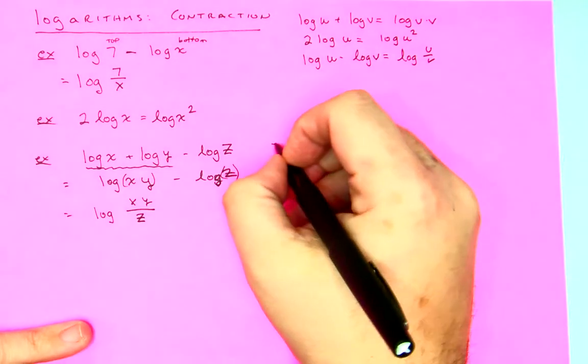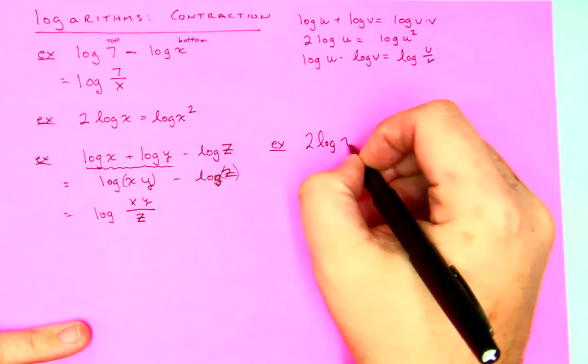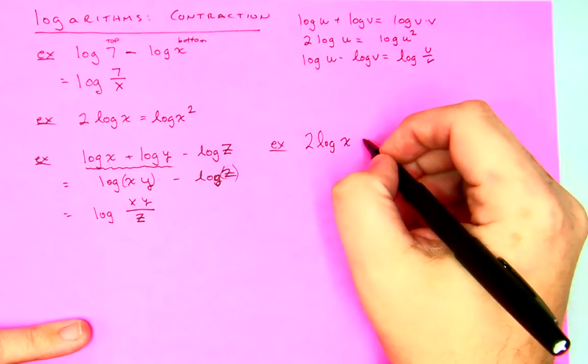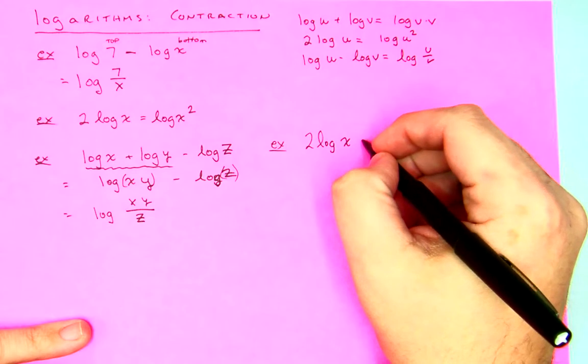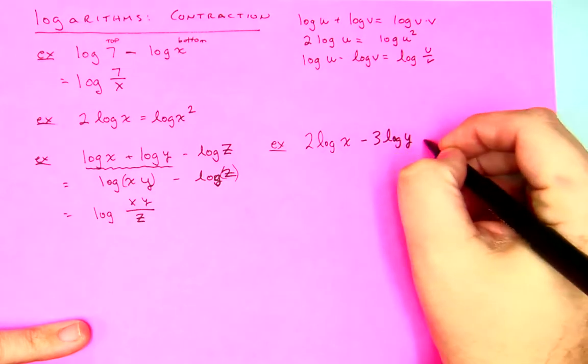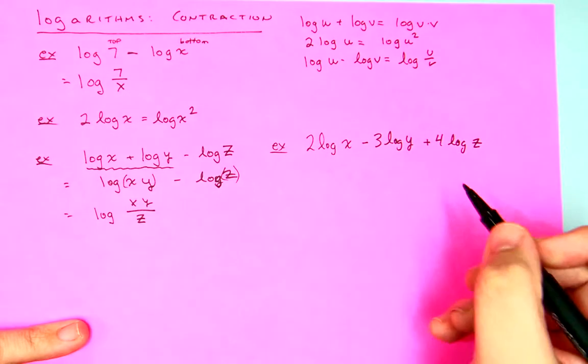And we can make these as complicated as you possibly can. You could say 2 times the log of x minus 3 times the log of y plus 4 times the log of z.